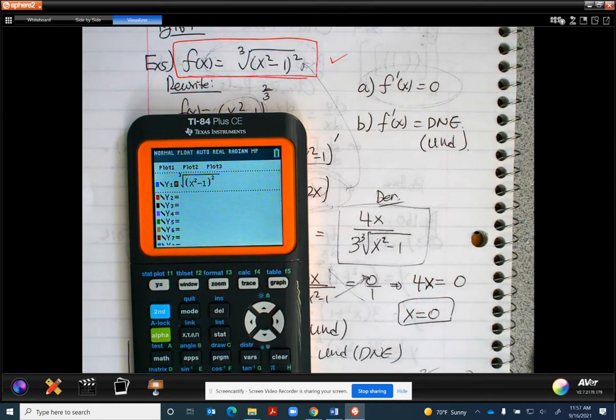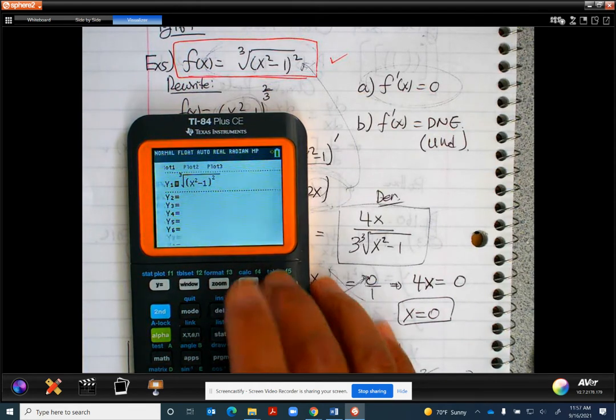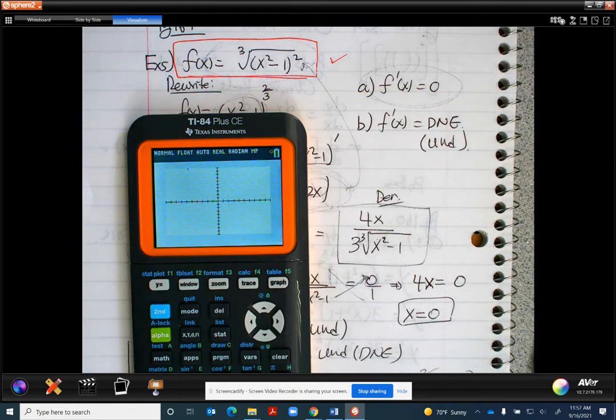Okay, is this what you have? And then if you graph this, you can zoom in a little bit if you want to. Let's go ahead and zoom in. Go to zoom, and zoom in.